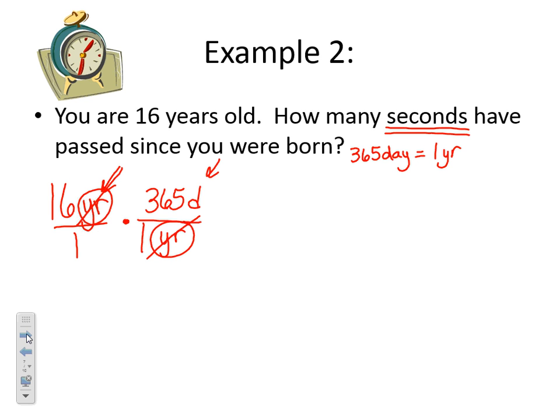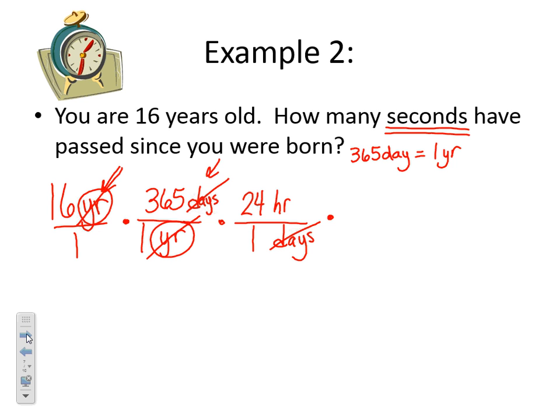Is there another fact we know about days? I'll put this in the denominator since days are in the numerator here. Well, 1 day is equivalent to 24 hours. So now the unit days will simplify away, and I'm left with hours. Is there a fact that I know about hours that might help me get to seconds?